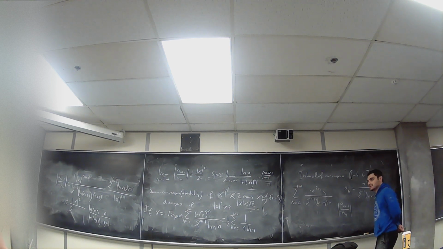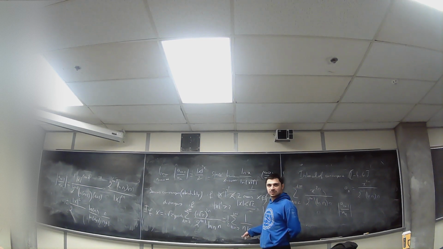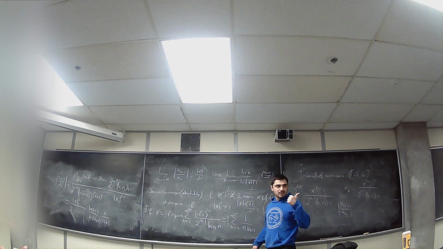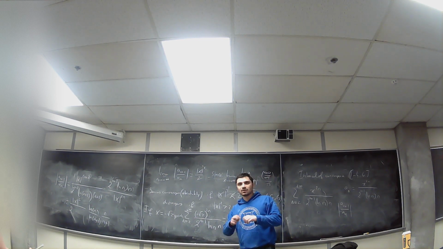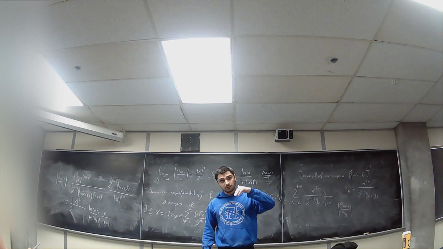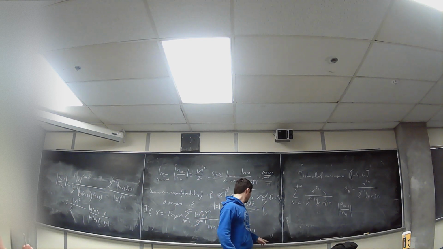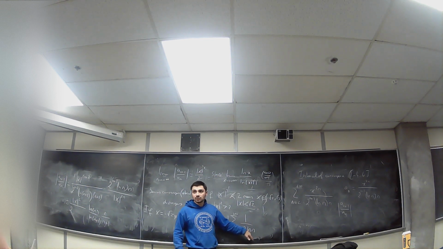Integral test, right? Is this decreasing? Is this continuous? 1 over x log x. Is it continuous? Yes? Is it decreasing? Clearly, because x increases and log x increases, and they're both positive. So when you take 1 over this, what do you get? It's decreasing. The limit of x log x goes to plus infinity.